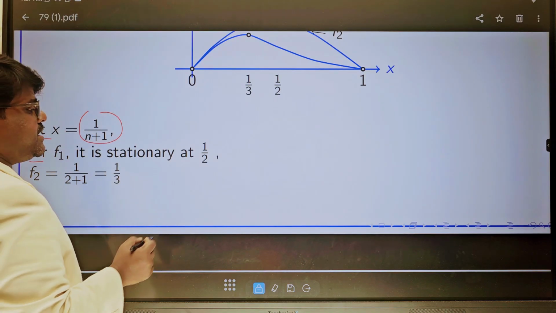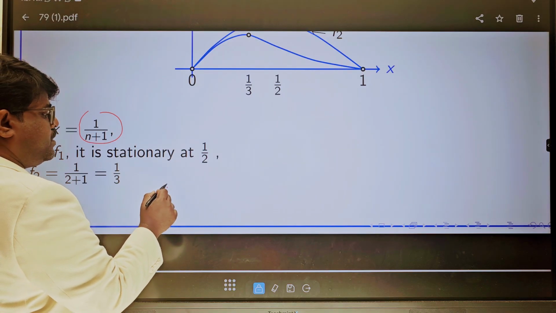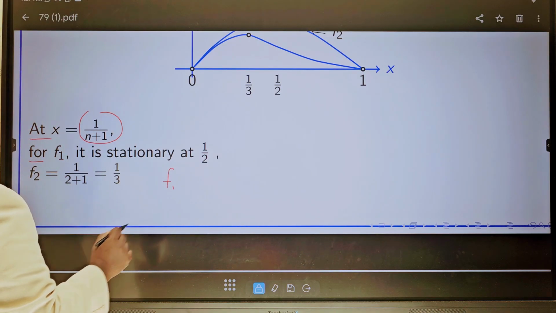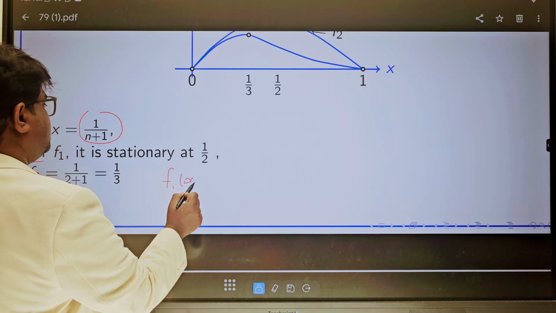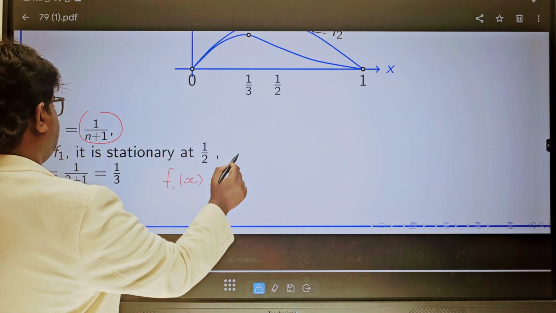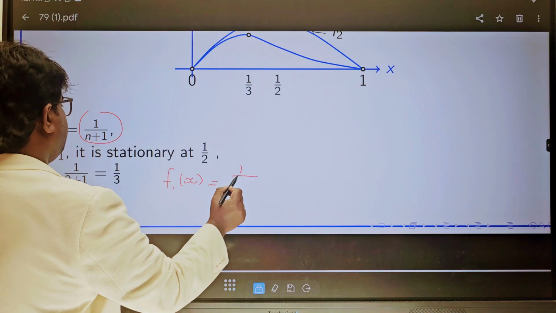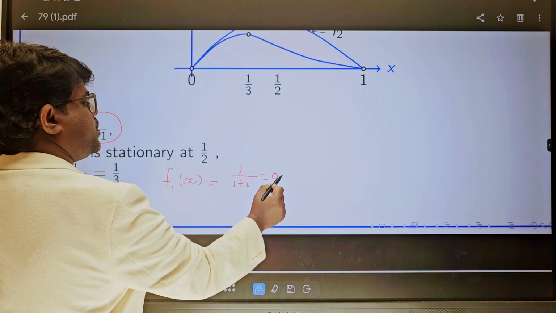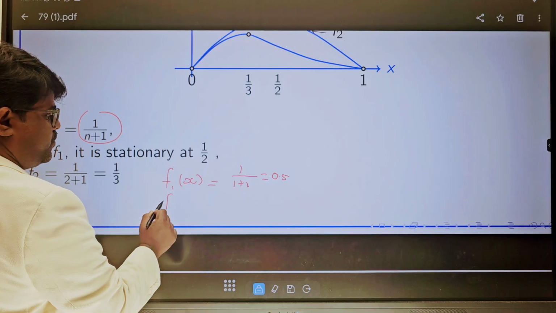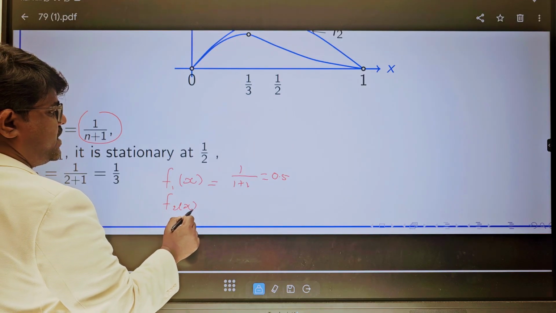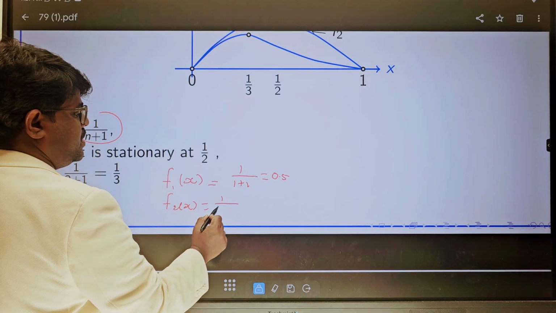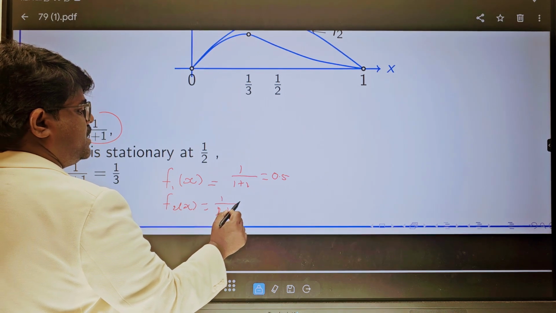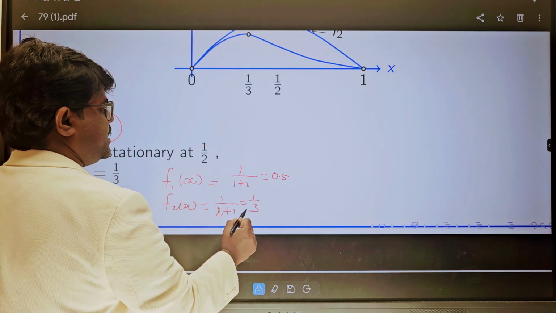Now we got the general term. Now I will find for f1: x equals 1 divided by 1 plus 1, equal to 0.5. For f2, I will find 1 divided by 2 plus 1, equal to 1 by 3.